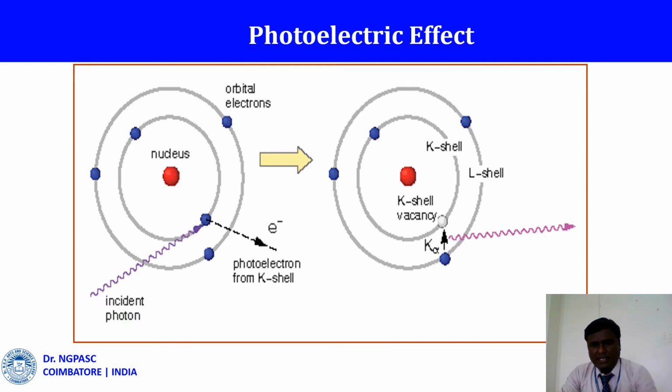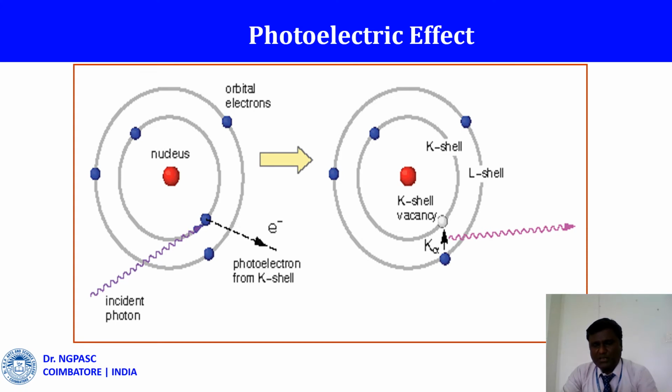This slide illustrates the photoelectric effect. You can see here the incident photon interacts with a K-shell orbital electron. This orbital electron is ejected from the atom. In the next picture you can see there is a vacancy. To fill the vacancy, a less tightly bound electron comes in. When it does, the difference in binding energy between the two orbital electrons is emitted as characteristic X-rays.